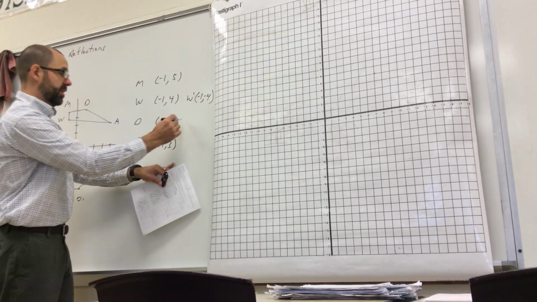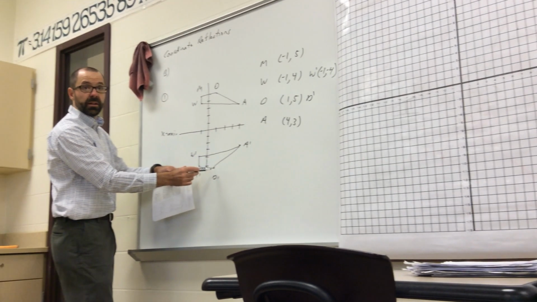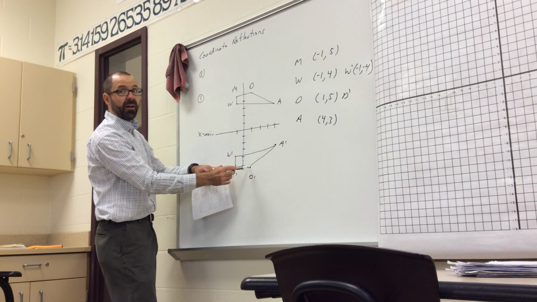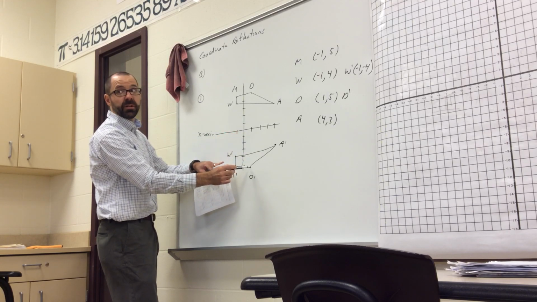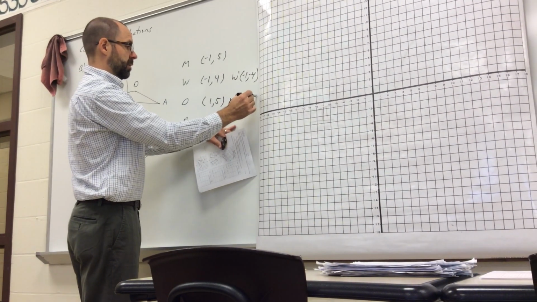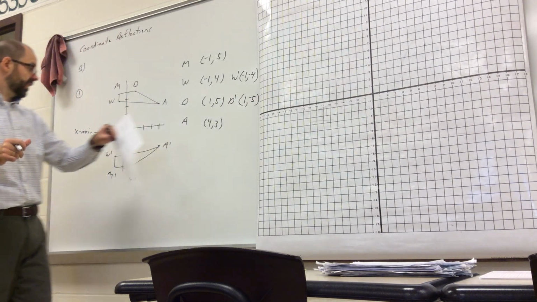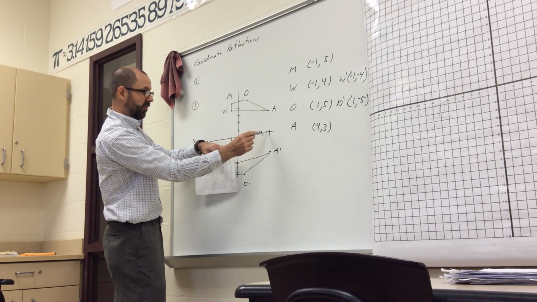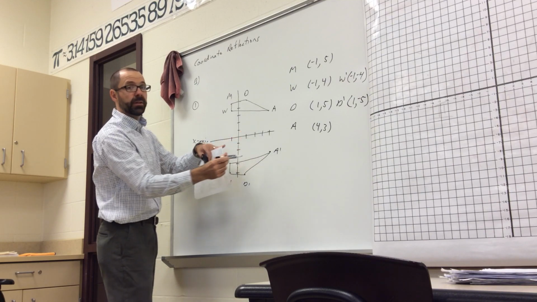And then D prime, so let's count that. It's to the right 1 and down 5, so it's 1, -5. And then A prime is to the right 4 and down 3, so it's 4, -3.